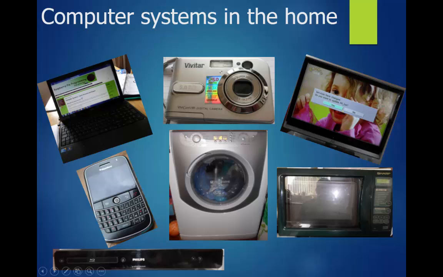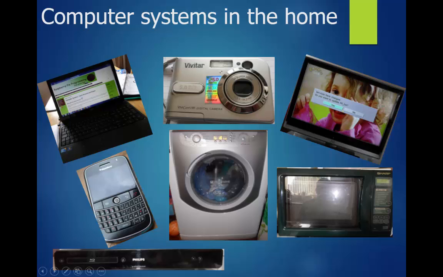There are some examples of computer systems at home. There is a laptop, a camera, a TV, a smartphone, a washing machine, and a microwave. Also a DVD player, or in this case a Blu-ray player.